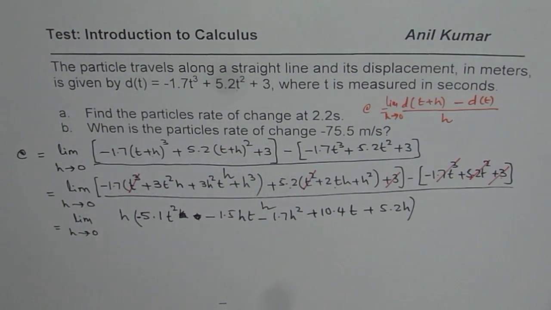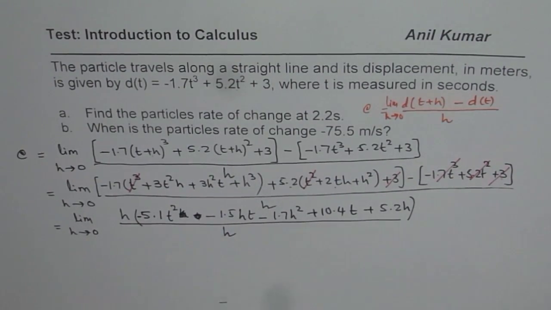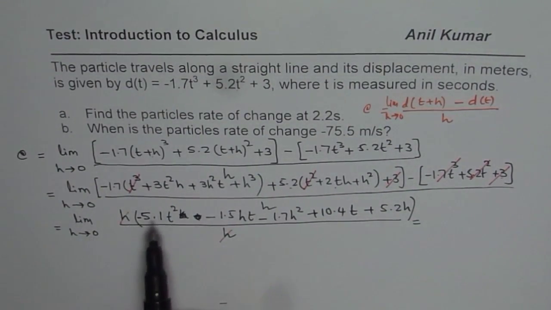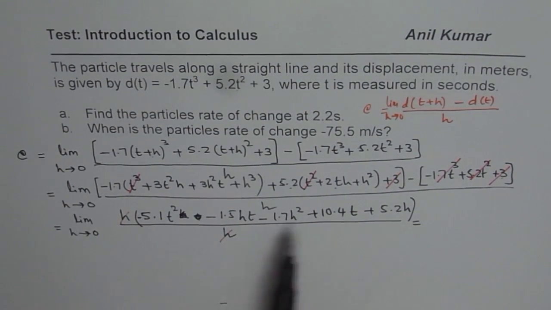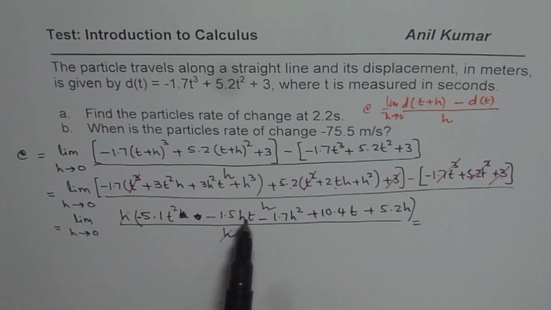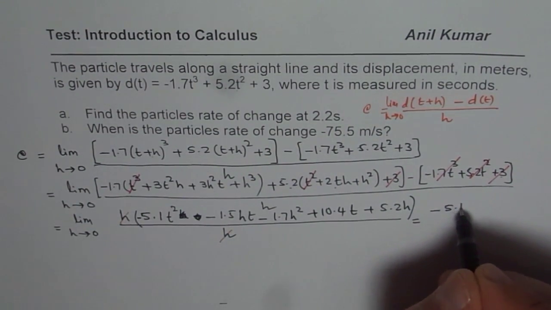It's a good time to check now. Okay, so this is over h. Now we can say h and h could get cancelled. Is that okay? Now what we are given here is this expression in which we can now substitute h equals 0. If I do that, then I'm left with minus 5.1 t square.